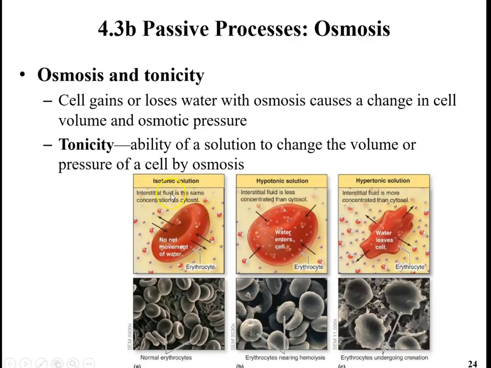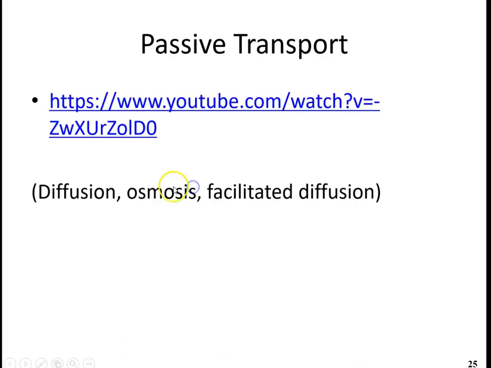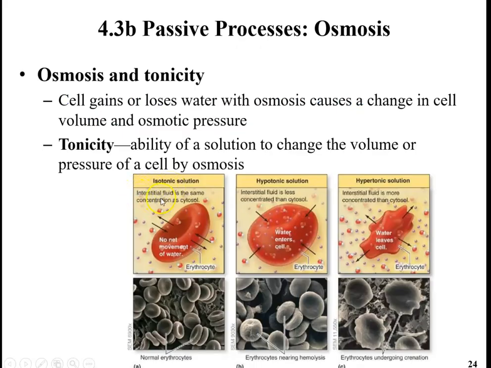So here you have an isotonic solution, iso meaning same, and the interstitial fluid is the same concentration as the cytosol, and they give you a red blood cell here as an example. So there's no net movement of water. And you'll see the red blood cells take on their normal biconcave disc shape.